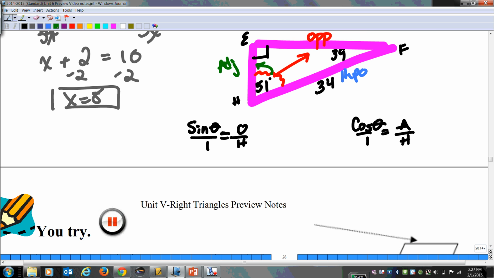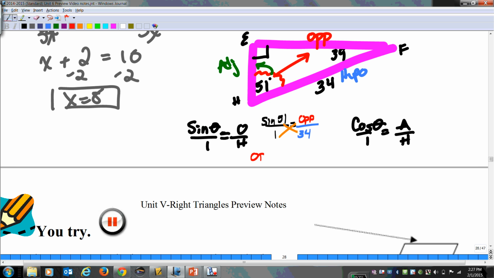I'm going to do my plugins. I have sine of 51 degrees over 1 equals opposite over my hypo, which is 34. Cross multiply.